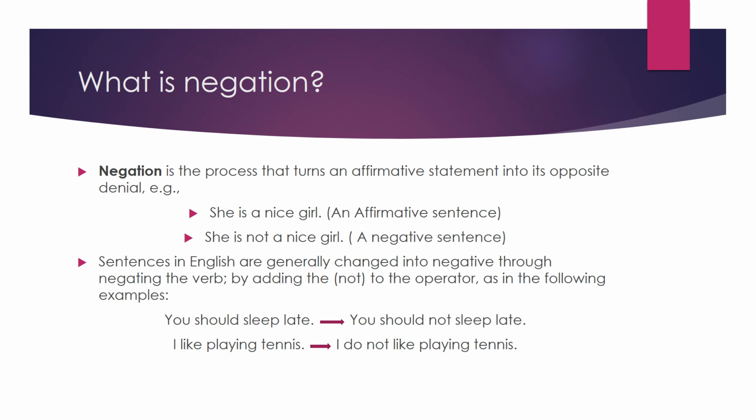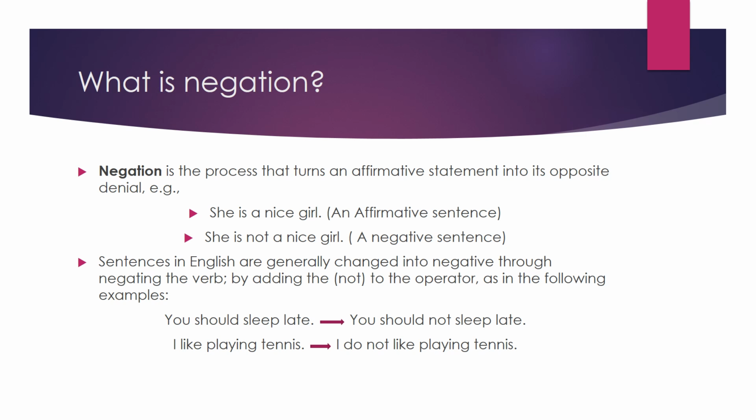For example, I like playing tennis. You see this sentence has only a main verb, which is like, and changing it into negative cannot be done by adding the not to the main verb. So we need here an auxiliary in order to attach not to it. So we can choose one of the dummy auxiliaries or operators, do or does or did.